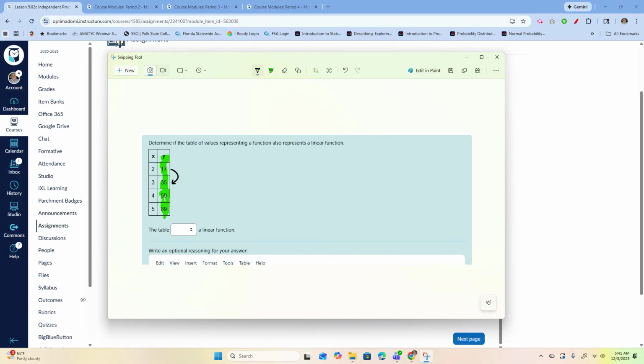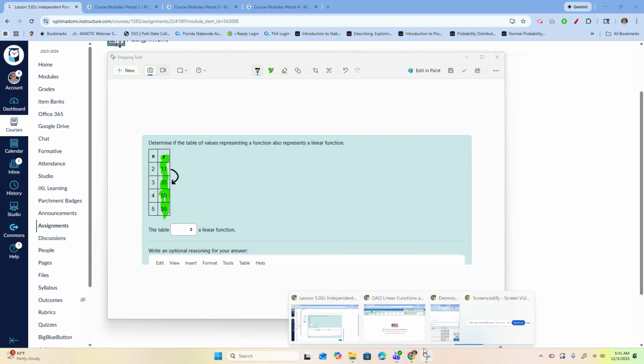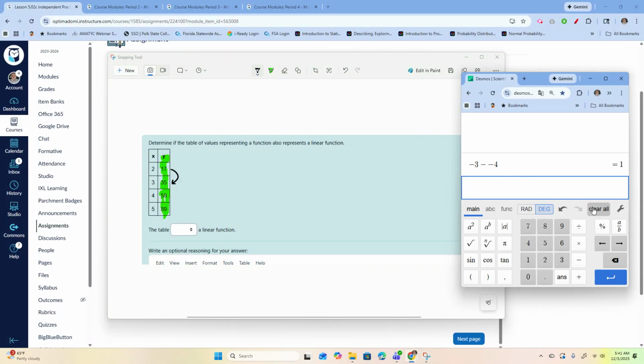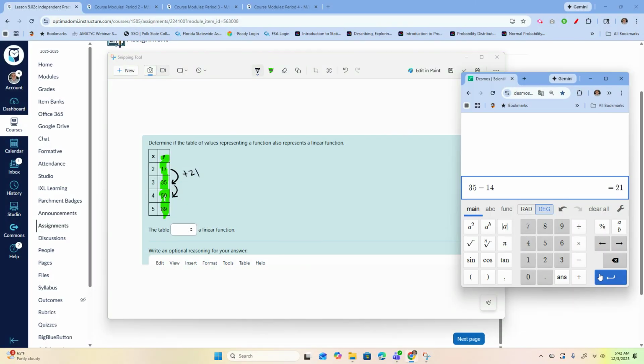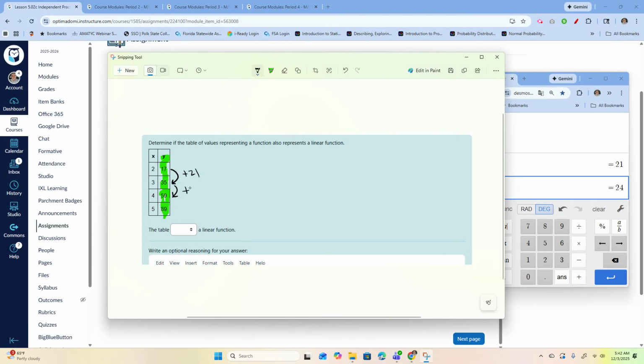So I'm going to find out how much it goes from 17 to 35. You're going to use your calculator. You take 35, subtract 17, and you can see we went up by 21. Now we do the same thing from 35 to 59. I subtract 59 minus 35, and as you can see, that's plus 24.